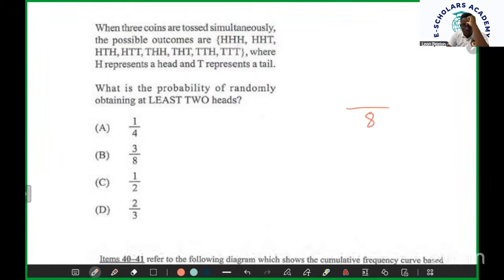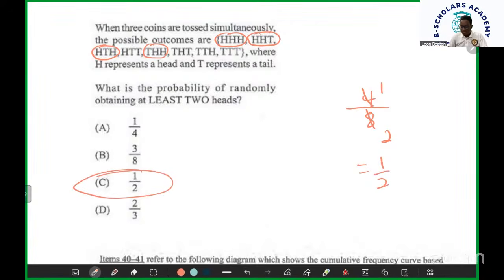Let's see how many of these options got at least 2 heads. We got one here, another one here, another one here, another one here. So 4 over 8, which will simply be 1 over 2, which is nice and easy C.